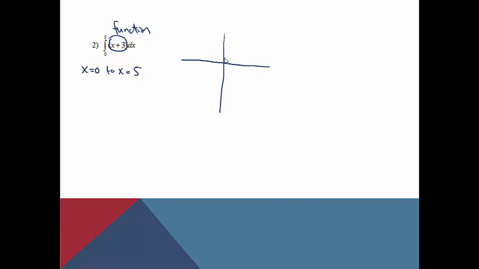It hits the y-axis at 3, that's the y-intercept. The slope is 1 because of that invisible 1 in front of the x, so we go up 1 over 1. That's what my line looks like. And then we would like to find the area between that graph and the x-axis from x equals 0 to x equals 5.